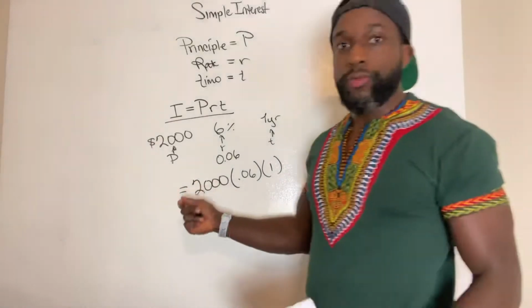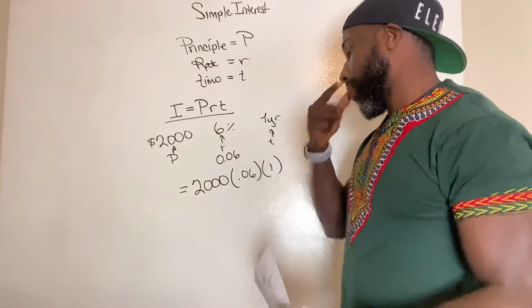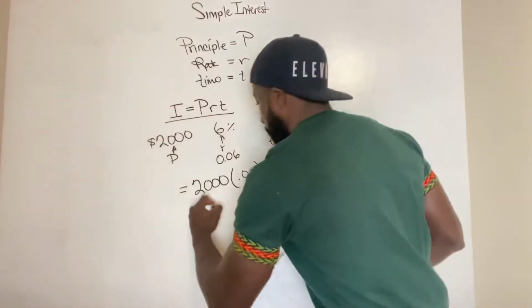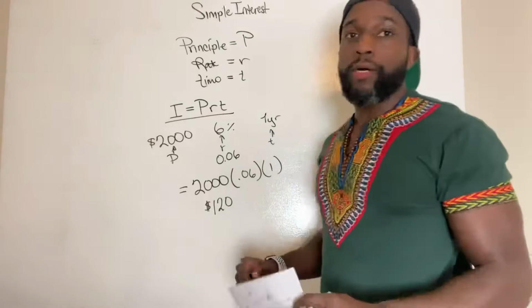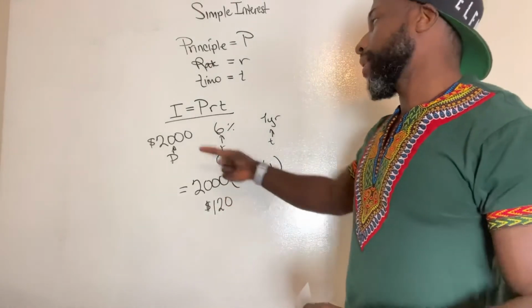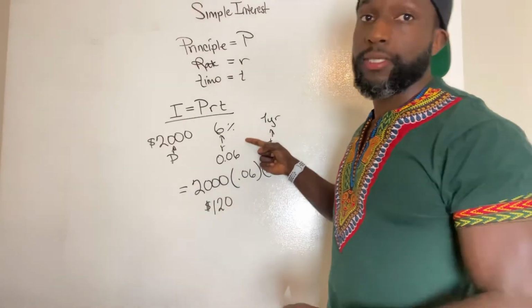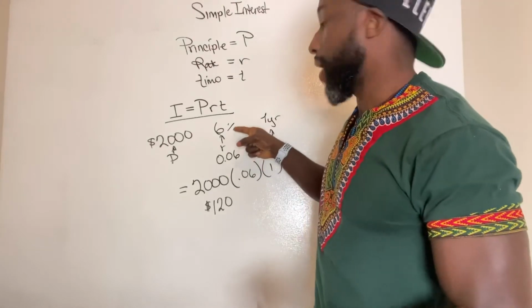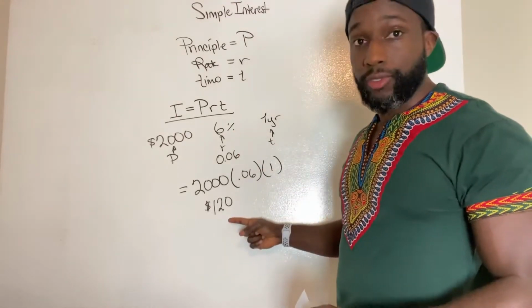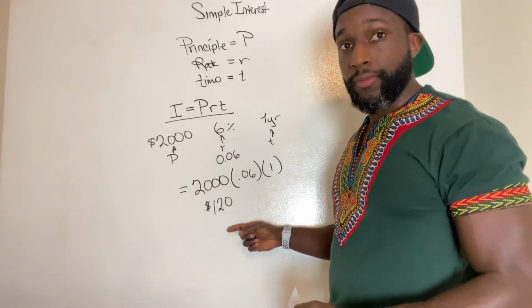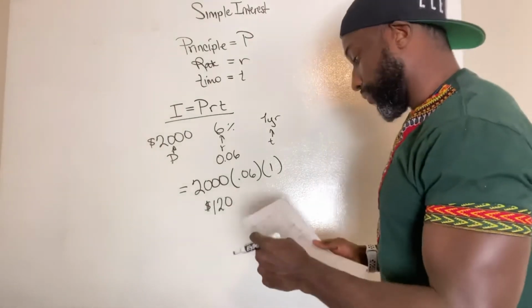Plugging it into the calculator, you end up with $120. So when you deposit $2,000 at a 6% interest rate for a year, you earn $120.